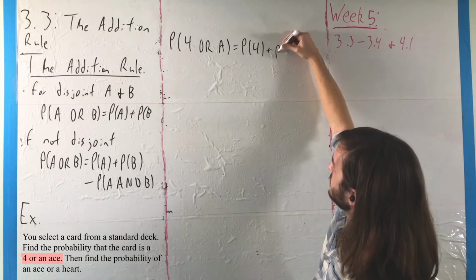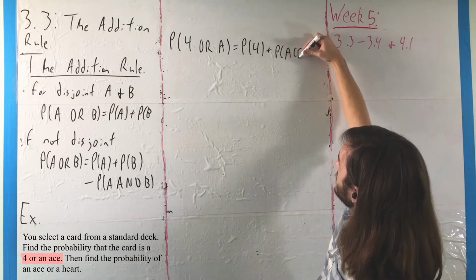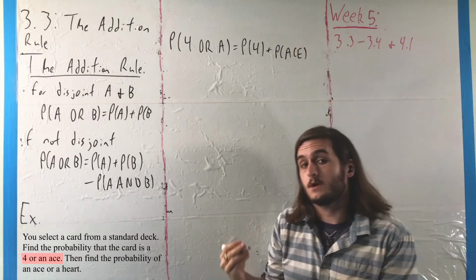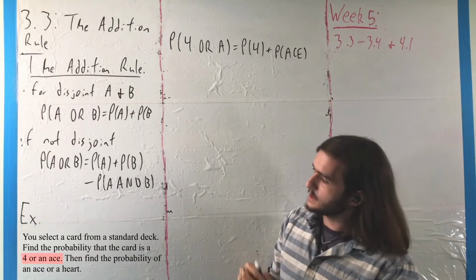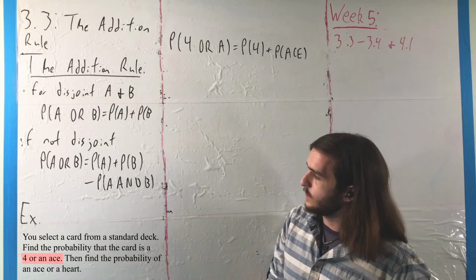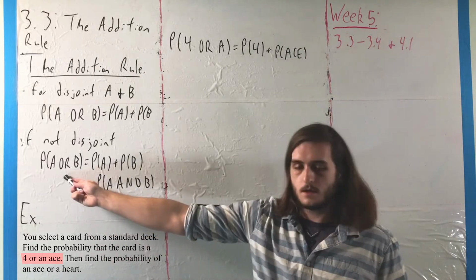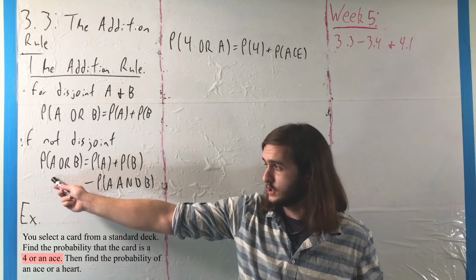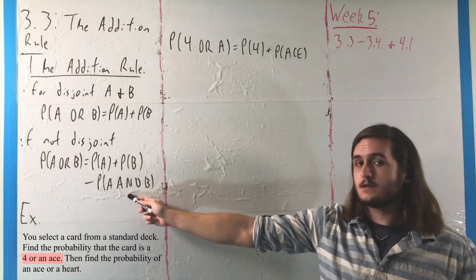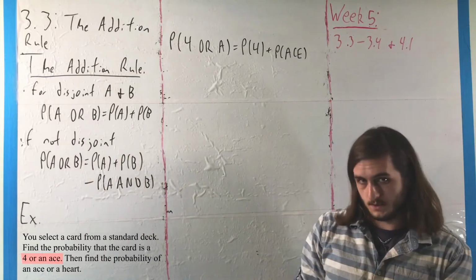So that's just the probability of a 4 plus the probability of an ace. And I'll say that as we're getting more comfortable with this, you should get used to the idea that when we see the word OR, think in terms of addition, and if we see the word AND, think in terms of multiplication.